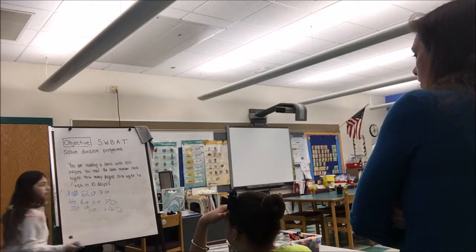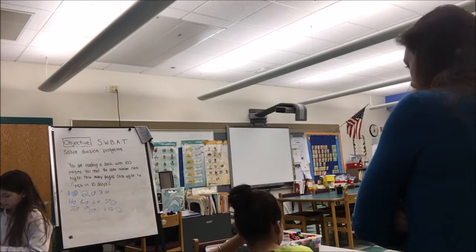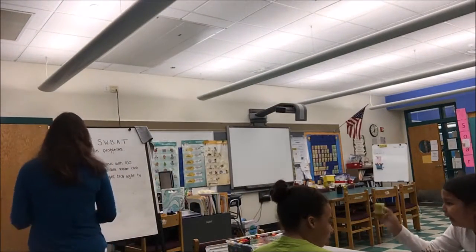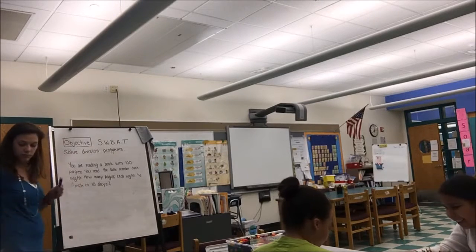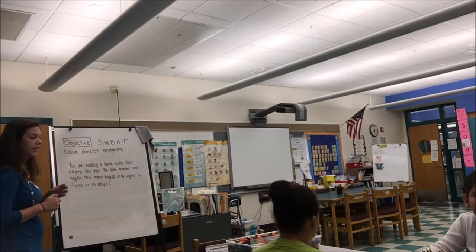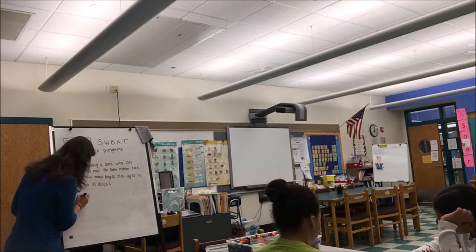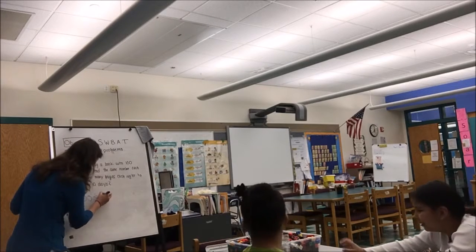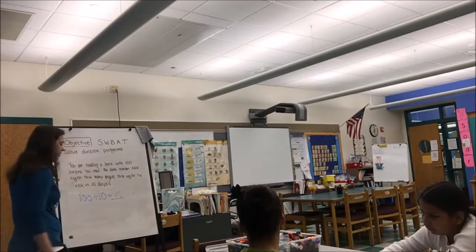Okay, Nicole, it's your turn now. Tell me what you did. Use your words and tell me what you did, and I'll write it down. I did 100 divided by 10.